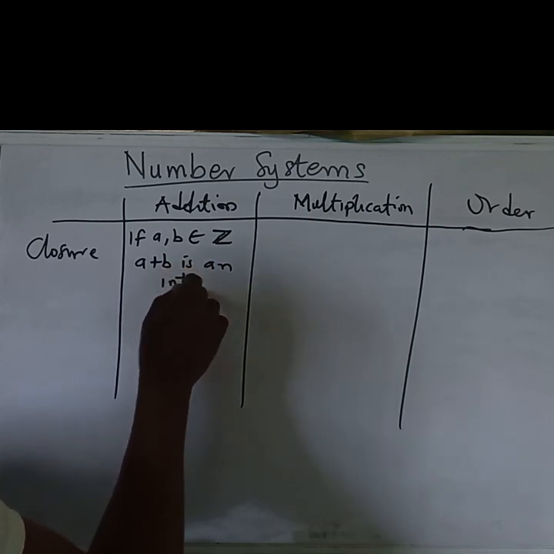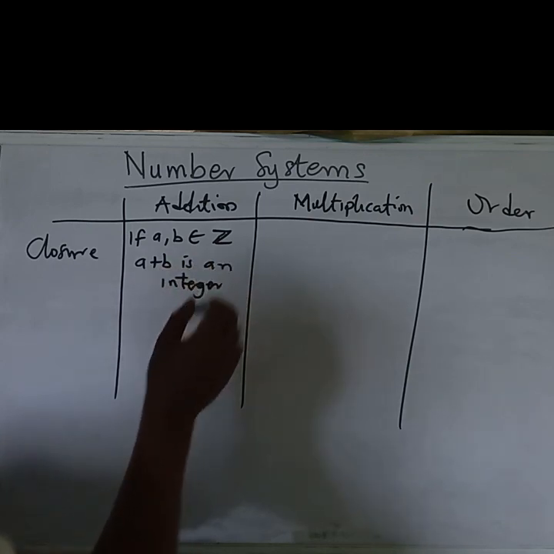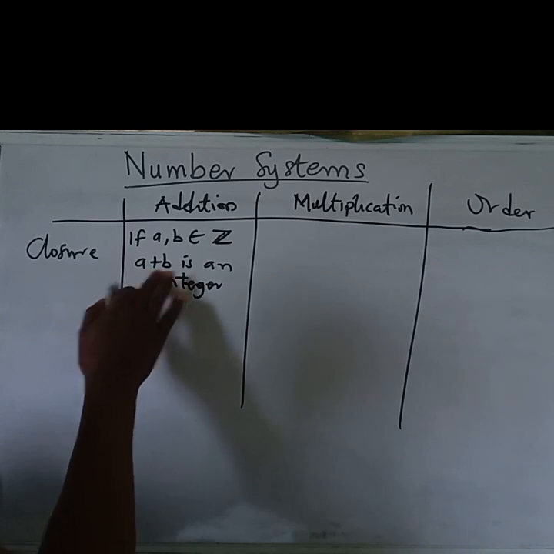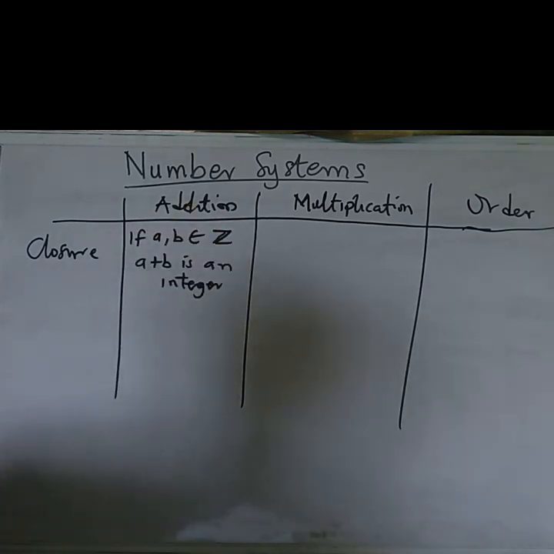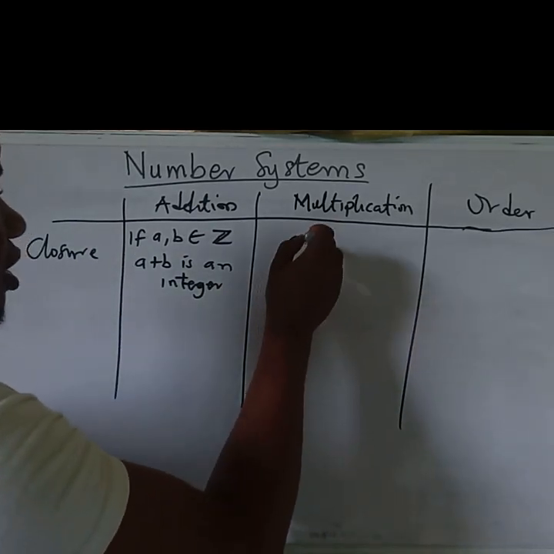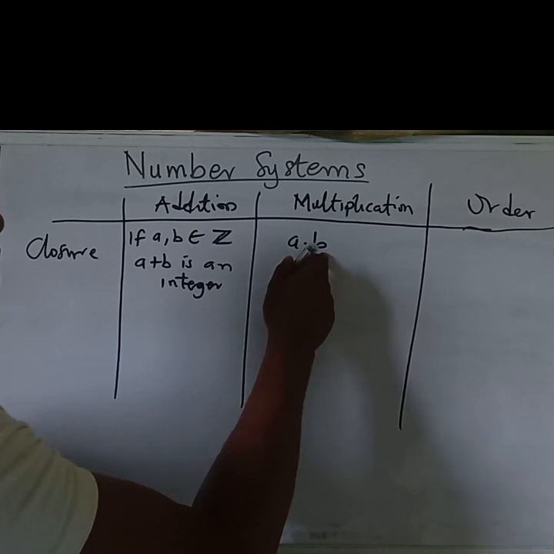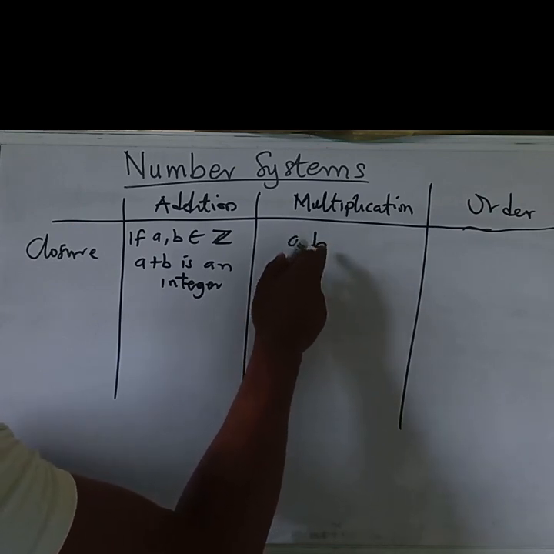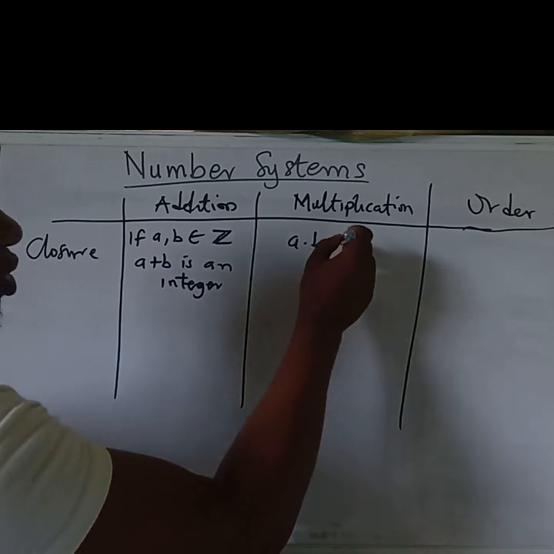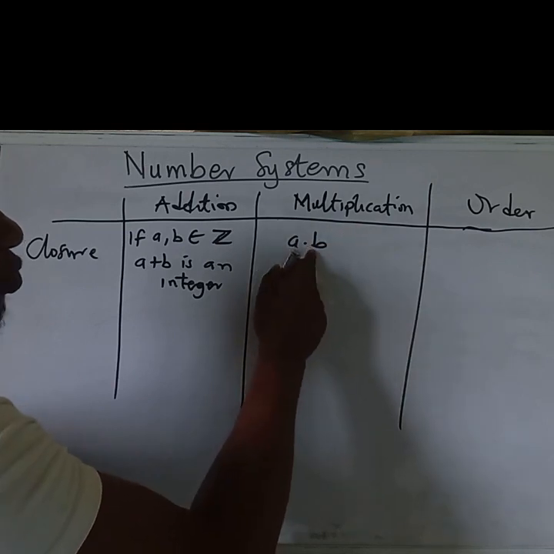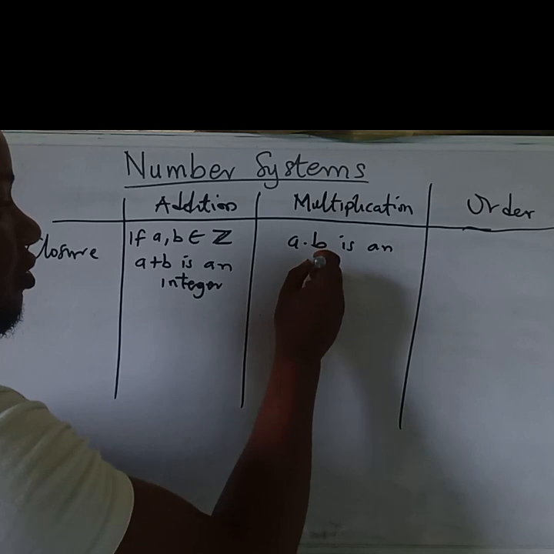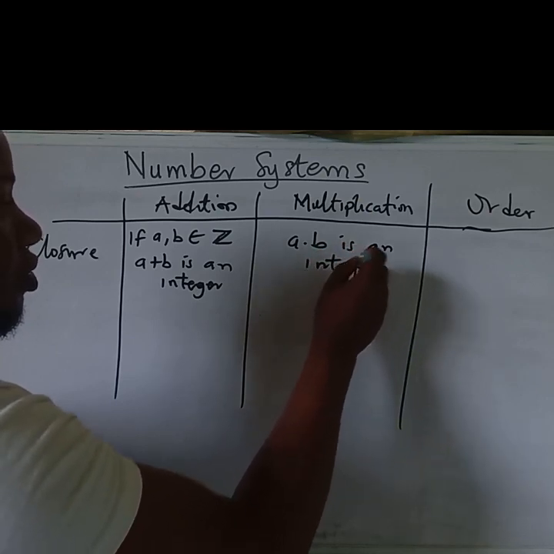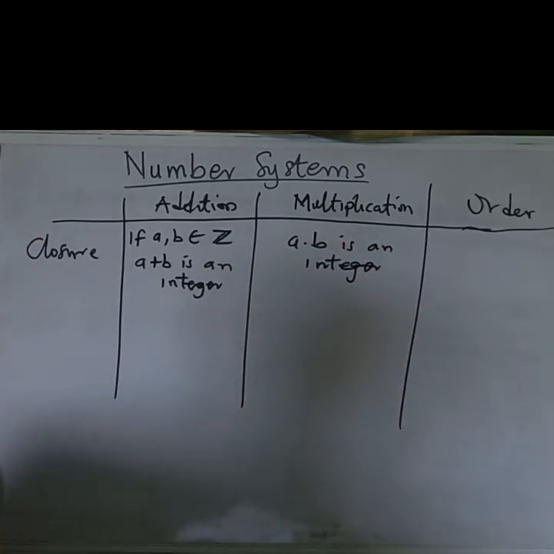That is what we said in the first property, that the addition of two integer numbers is an integer, that is, it is closed under addition. Same thing also holds here: if a and b are integer numbers, then a dot b, or a multiplied by b, is an integer.